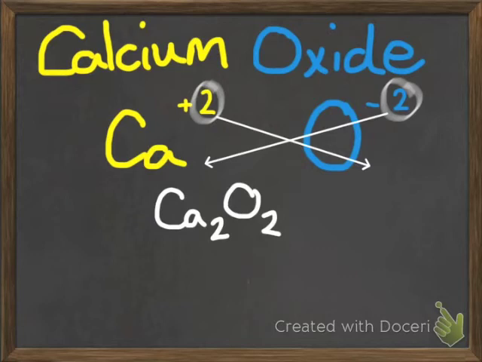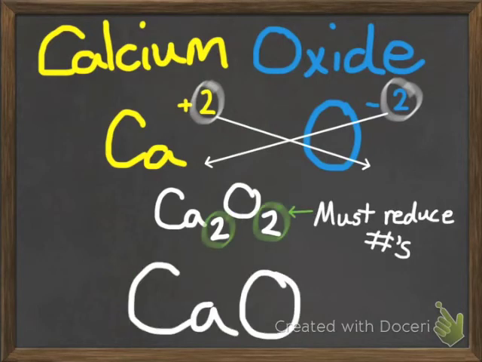Okay? So what we do is we find the highest whole number that will go into both of the 2's for calcium and for oxygen. So naturally the highest whole number that would go into those is also 2. So when we reduce that, that gives us CaO.